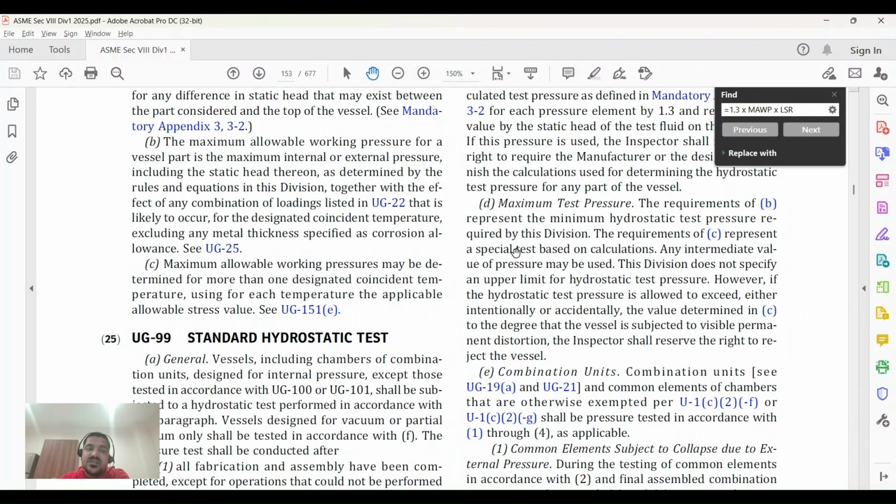Subclause D of UG-99, what does it say? It talks of maximum test pressure, like how much is the maximum test pressure allowed.